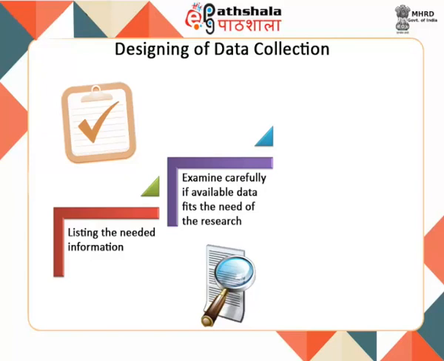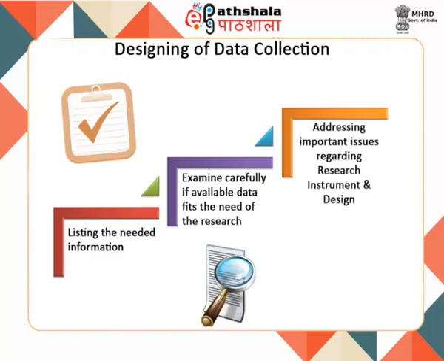Third step. If needed information is not available, field or primary data needs to be collected. This requires addressing many important issues regarding research instrument and design that can take alternate forms or a combination of different forms. The choice seeks answers to the following questions.